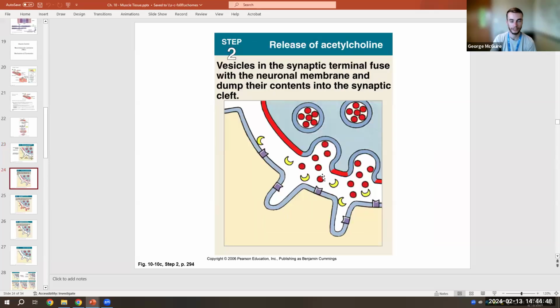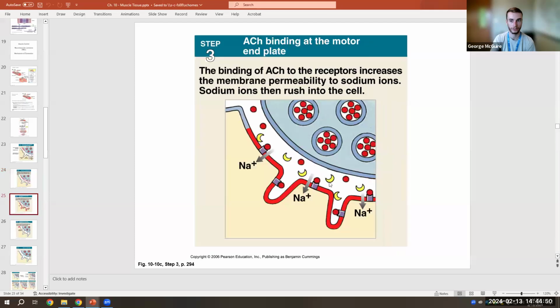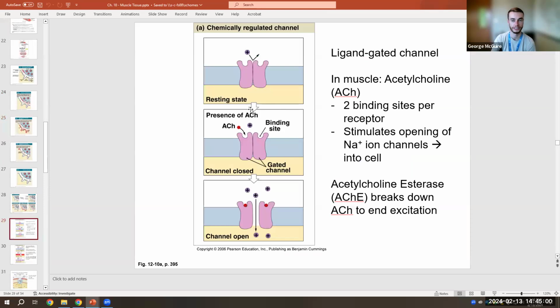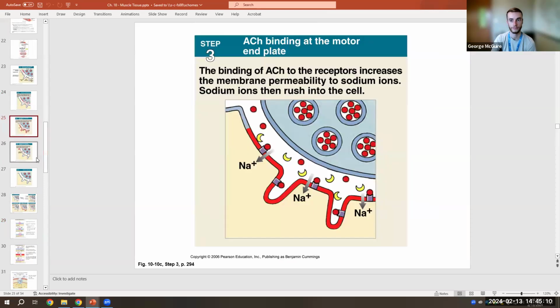The acetylcholine will start to bond with these channels, these ligand-gated ion channels. So this will cause them to open, which is what we were seeing here. Acetylcholine bonds with the protein. It causes the protein to change shape, opening this channel. And so now sodium has an area where it can just flood into the cell.